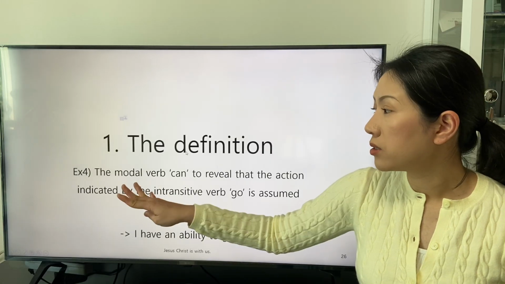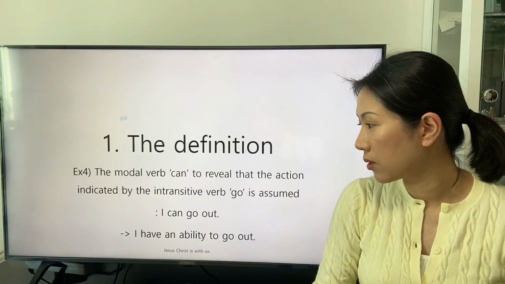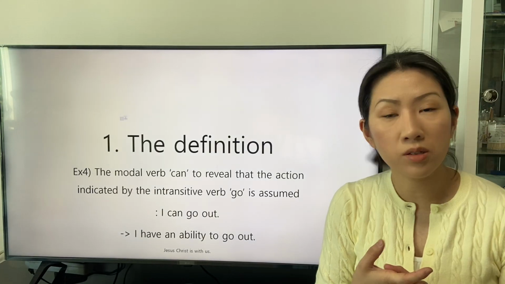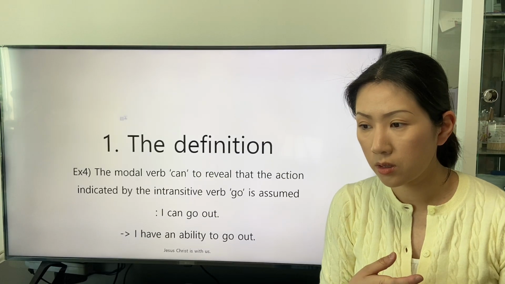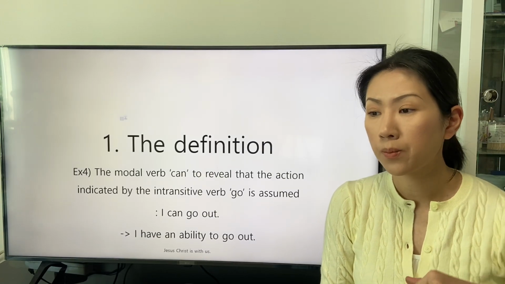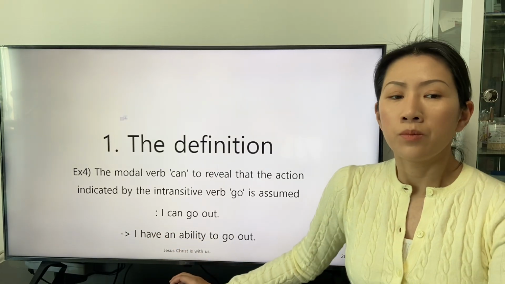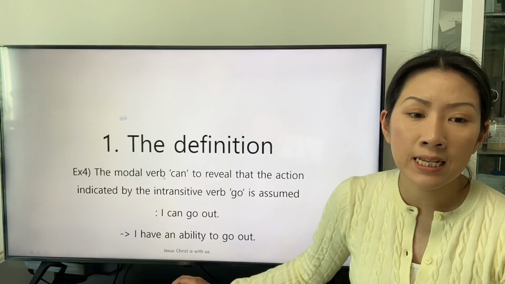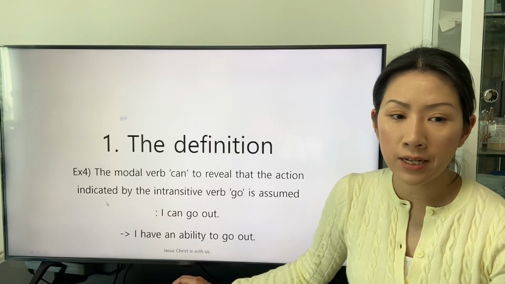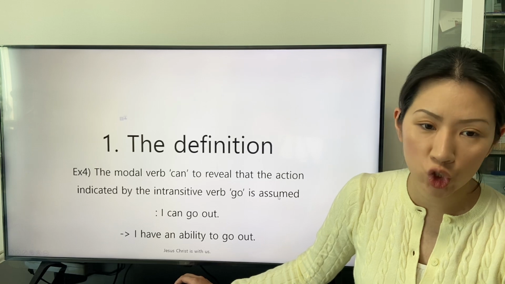The fourth clause is the way to state the two clauses from a clause with an adverb. The modal verb can needs to reveal that the action indicated by the intransitive verb go is assumed.